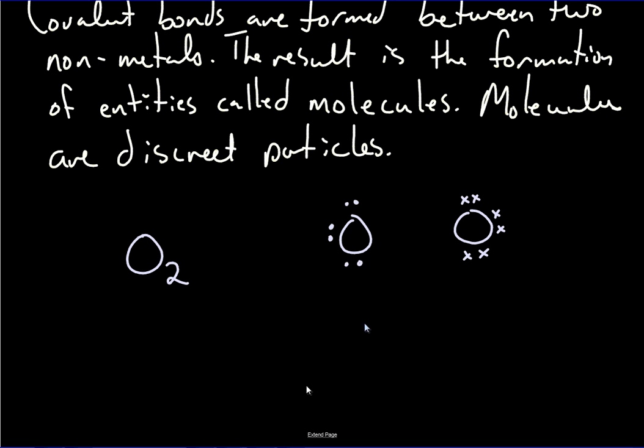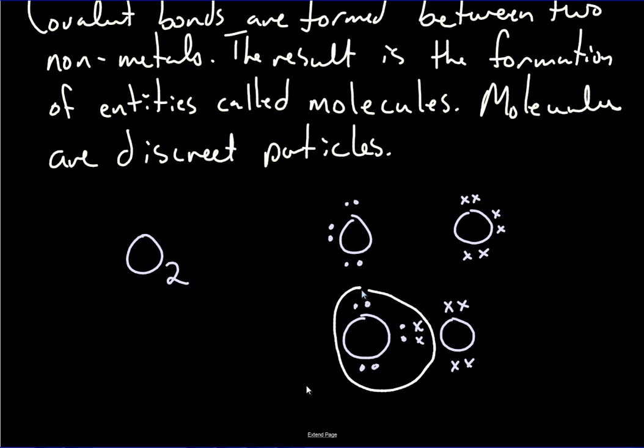And this forms something slightly different than what we've seen before. So let's look at what happens here. If these electrons adjust themselves like this, you can probably notice that if we count them up, 2, 4, 6, 8 on this oxygen, 2, 4, 6, 8 on this oxygen.